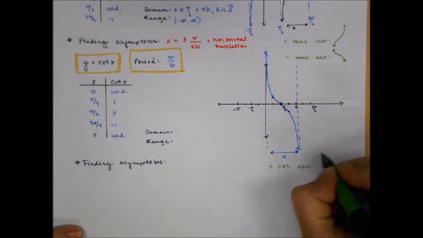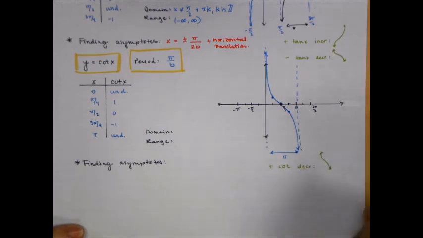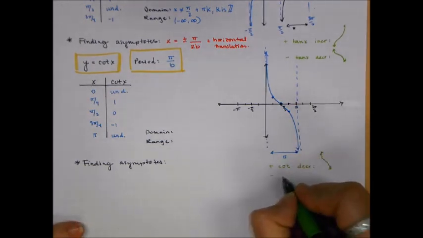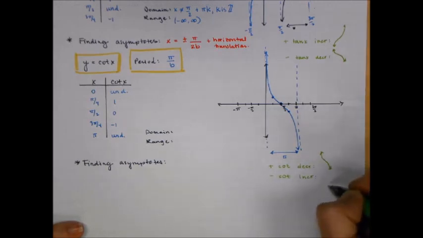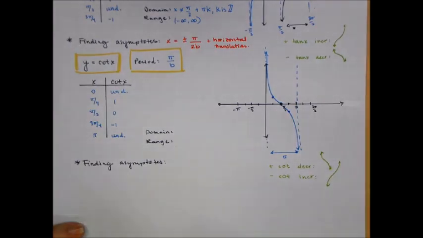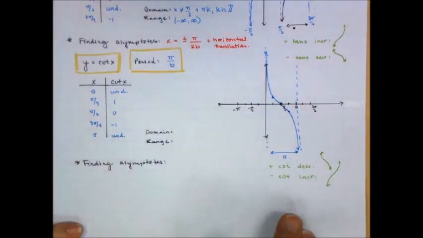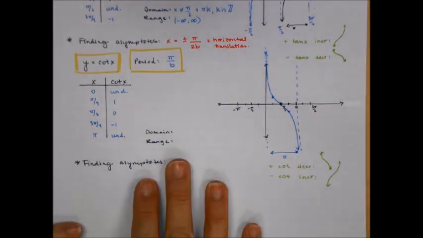And that tells us if it switched to negative cotangent, we would have an increasing graph. So again, that reflection over the x-axis would cause it to appear to be increasing. The domain, so every pi units, we would get the graph to repeat.